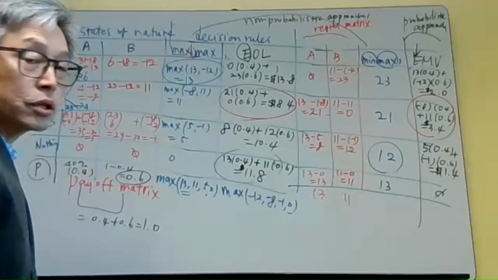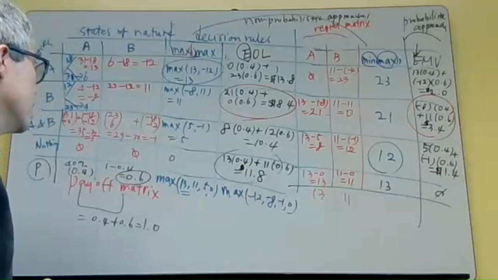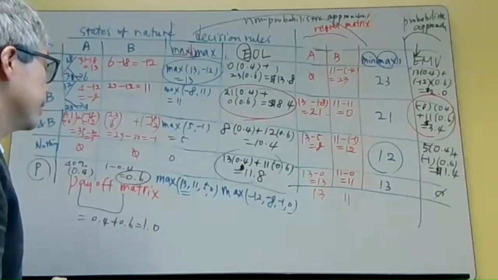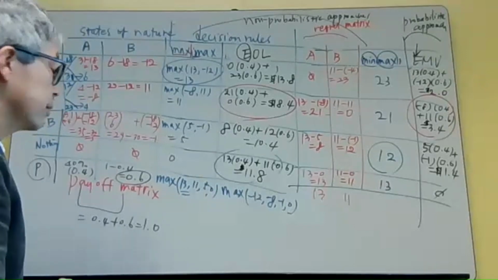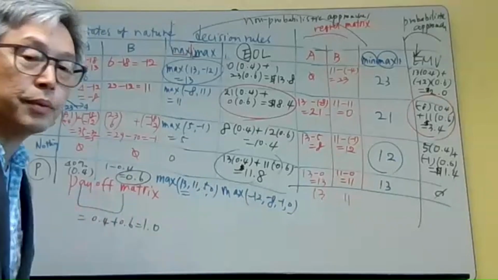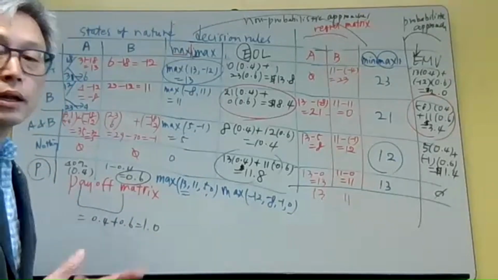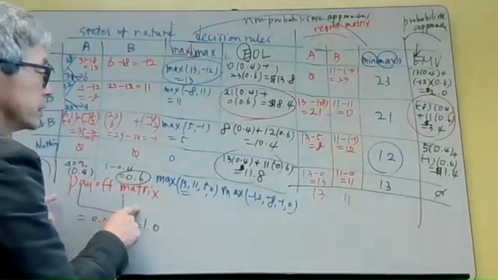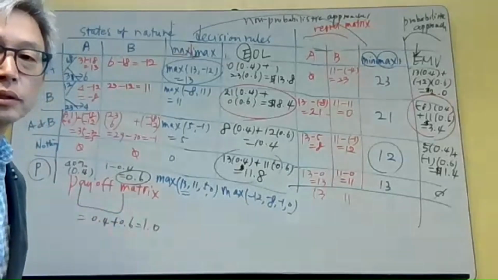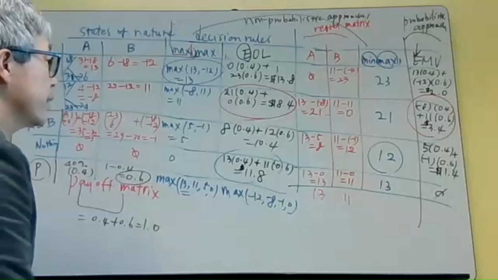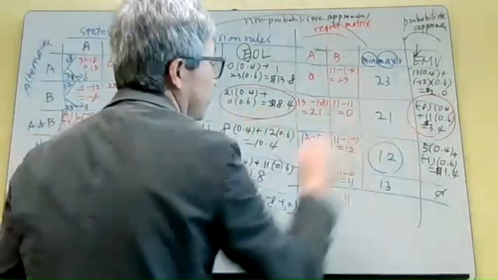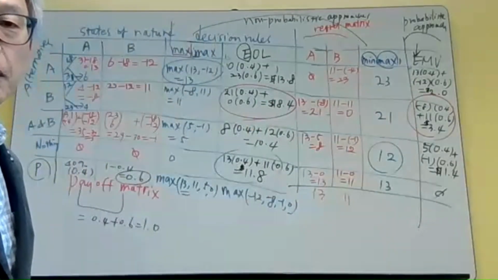So you hire a consultant, and they will have better information. Let's assume their information is correct, perfect. So let's say 0.4 and 0.6 are the right numbers from the consultant. Then we have perfect information, right?